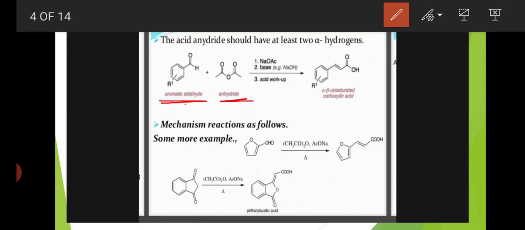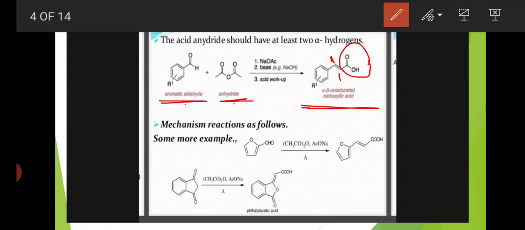Aromatic aldehyde reacts with anhydride in the presence of sodium acetate, a base, and forms alpha beta unsaturated carboxylic acid. This is the carboxylic acid functional group, and between the alpha carbon and beta carbon a double bond is present. Double bond means unsaturation.